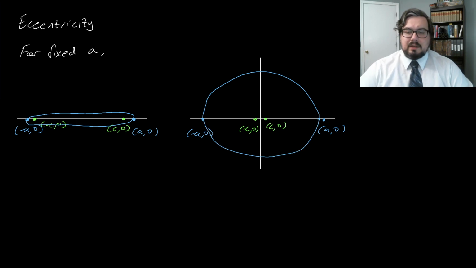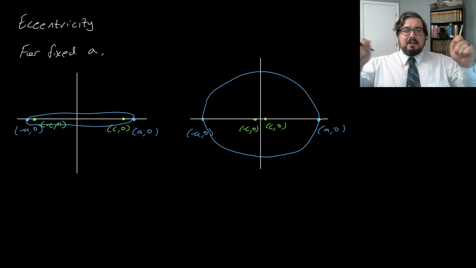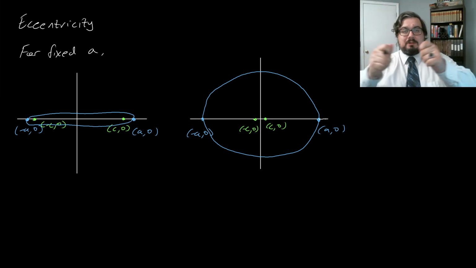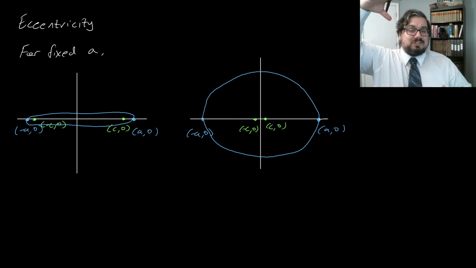We don't often talk about ellipses where the two foci are the same number, but we can. In fact, an ellipse where C is equal to 0, where the two foci are exactly the same point, the center, that's just a circle. And so what happens is that as you move the foci, for a fixed A, as you move the foci further apart, the ellipse gets narrower and narrower. As you bring them closer together, it expands more and more to the shape of a circle.